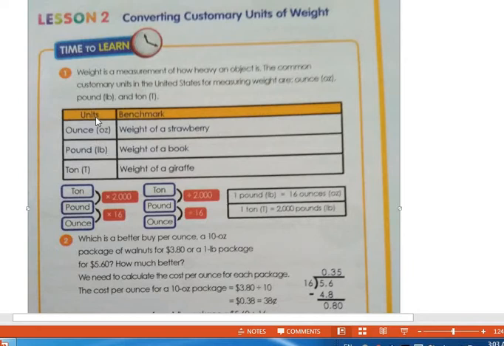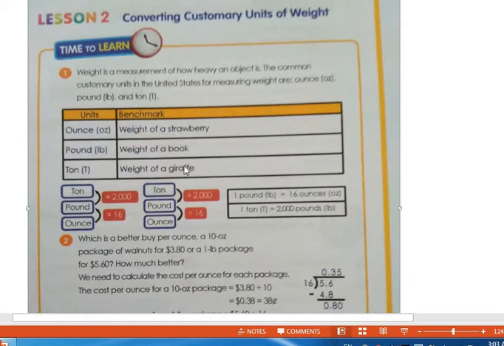Okay, units benchmark. I have here examples. For the ounce, the weight of a strawberry. For the pound, the weight of a book. And for the ton, the weight of a giraffe.